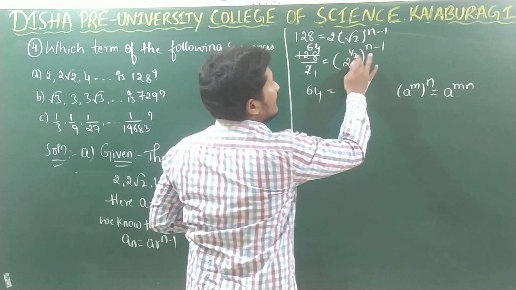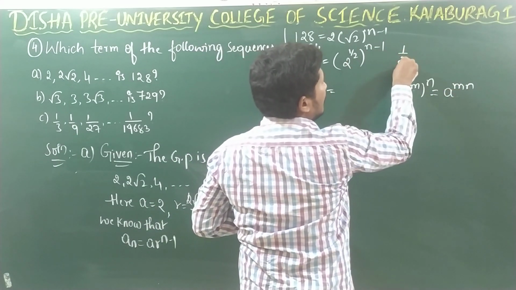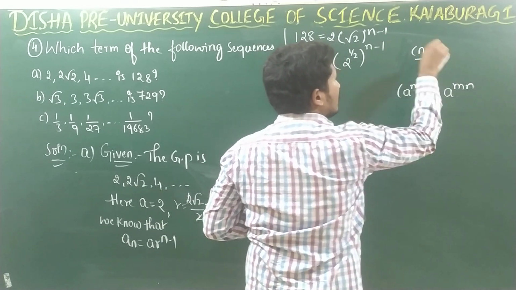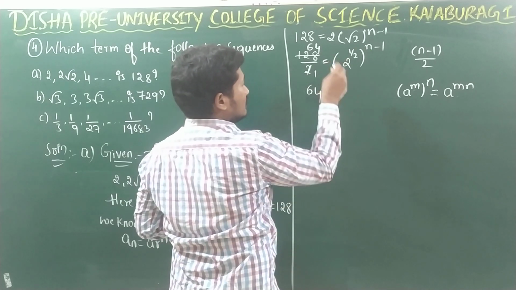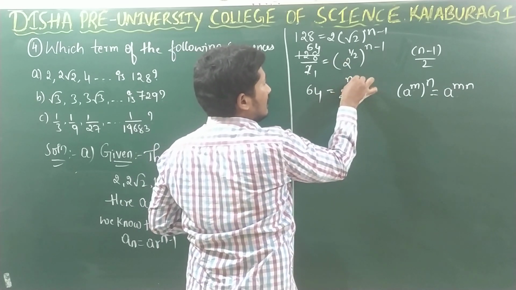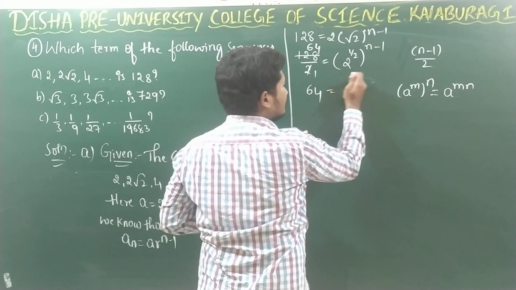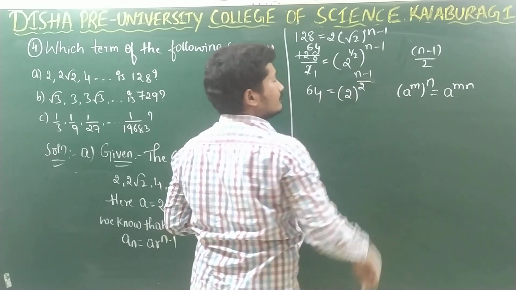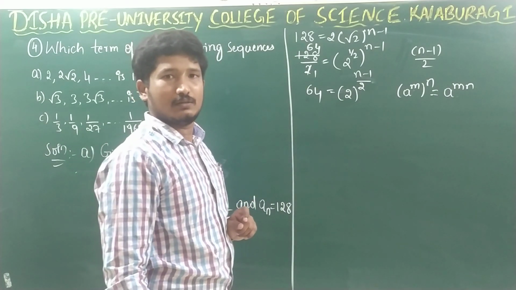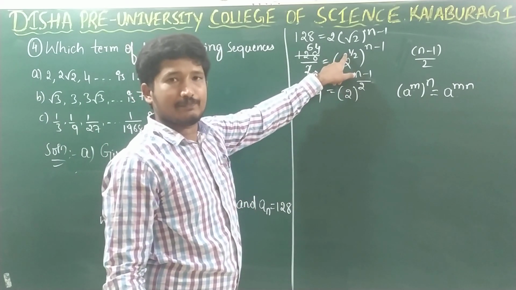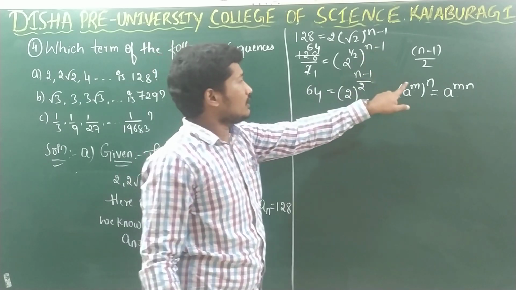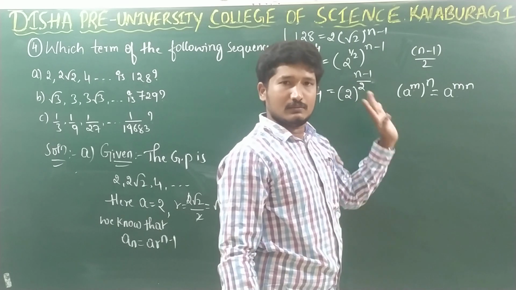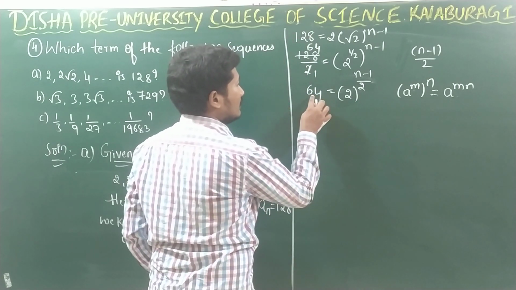So m into n is nothing but 1 by 2 into n minus 1. So I can also write this as n minus 1 by 2. So this will be 2 power n minus 1 by 2. Right? A power m whole power n is equal to a power m into n. I hope you understood this now.